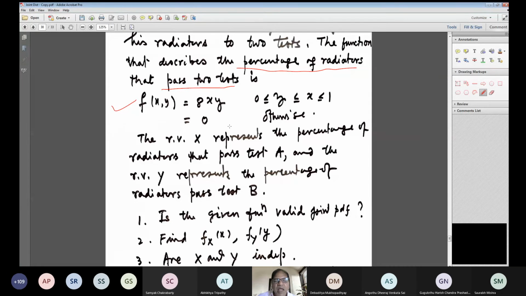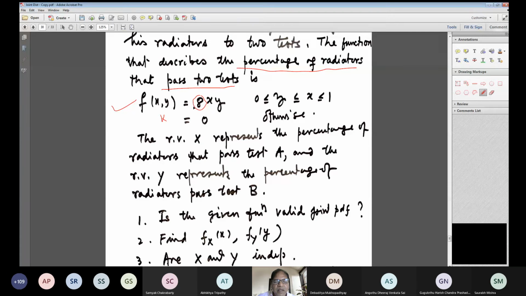Suppose I remove 8 and simply put k in place of 8, and I say that f(x,y) is a valid density function, so determine the constant k.